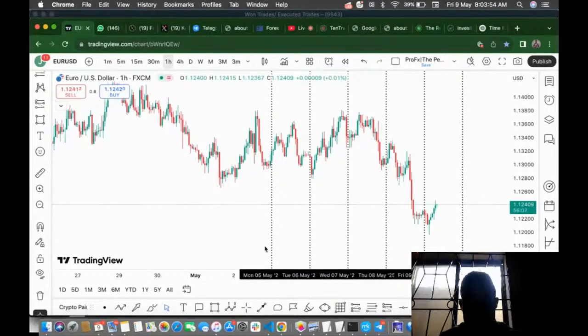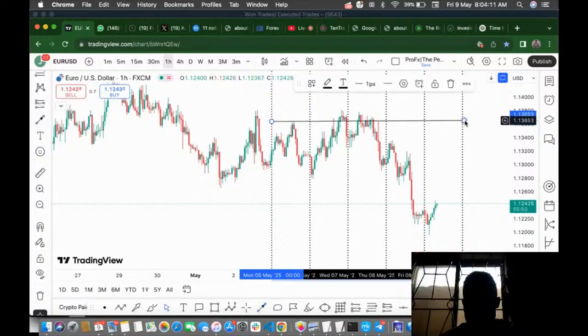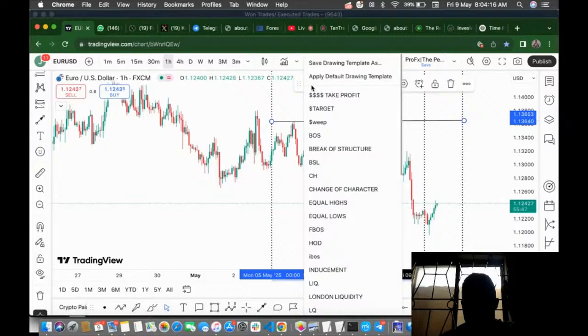So we saw that Monday did its thing, and Tuesday has carefully taken out Monday's high. Not only that, it now gives us a displacement to distribute, a proper break of structure on Wednesday. There is nothing else this market is telling you than to start selling when you see a location.